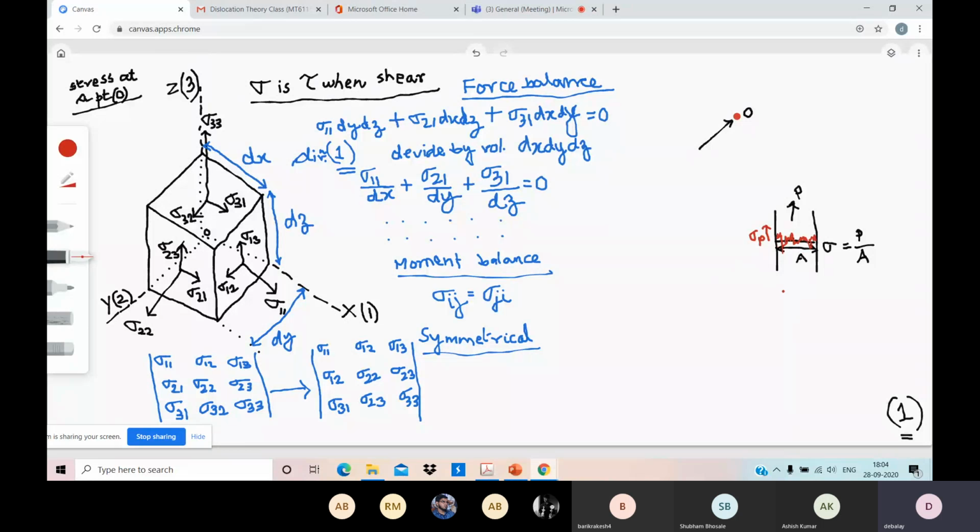So stress at a particular point can be represented by the small amount of the part of the load acting on that point. And what we consider is, if there is a point, we consider a small area. We consider a small area around that point.